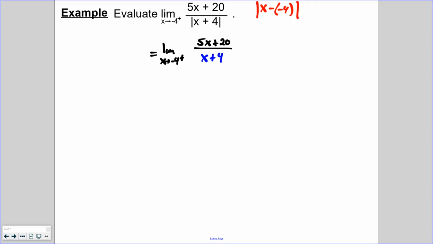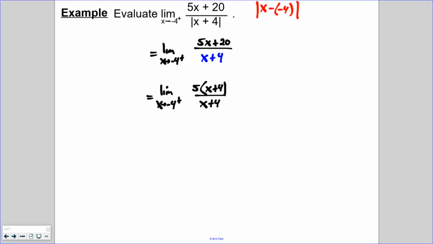Now, if I would plug in negative 4 here and do direct substitution, we would end up with 0 over 0, which means we would have to factor and cancel. So let's go ahead and factor this. We're going to have the limit as x approaches negative 4 from the right. In the numerator, 5x and 20 both have a factor of 5, so I can factor out a 5 to get 5 times x plus 4, and that's going to be over x plus 4.